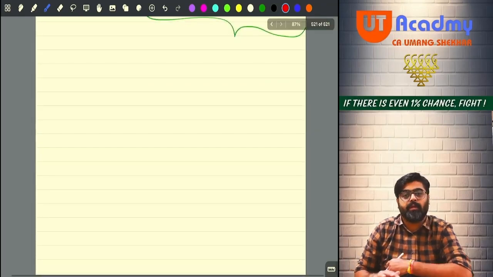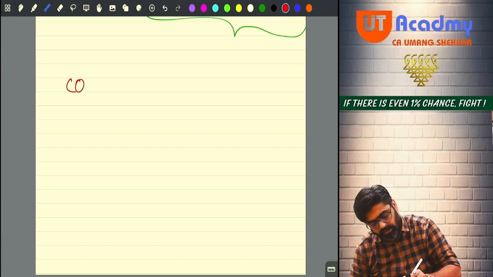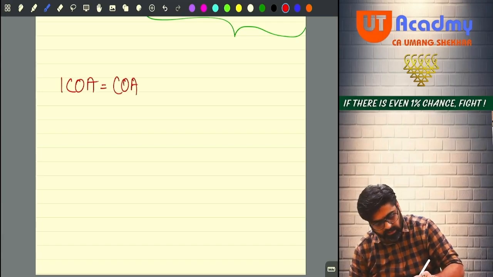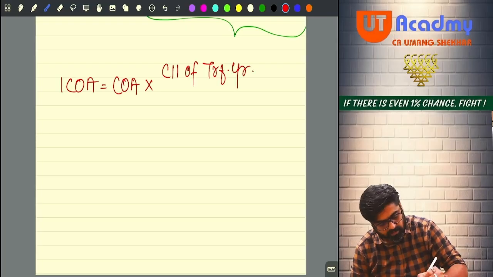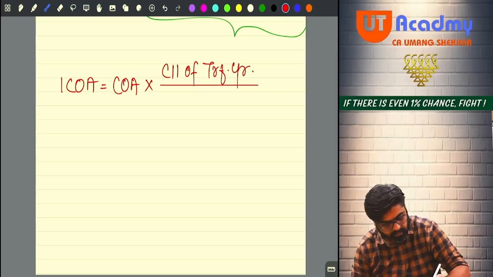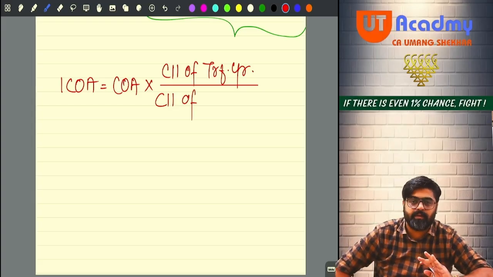So if I say the formula, index cost of acquisition: you will take cost of acquisition, multiply by CII of transfer year, and divide by CII of acquisition year. But wait.